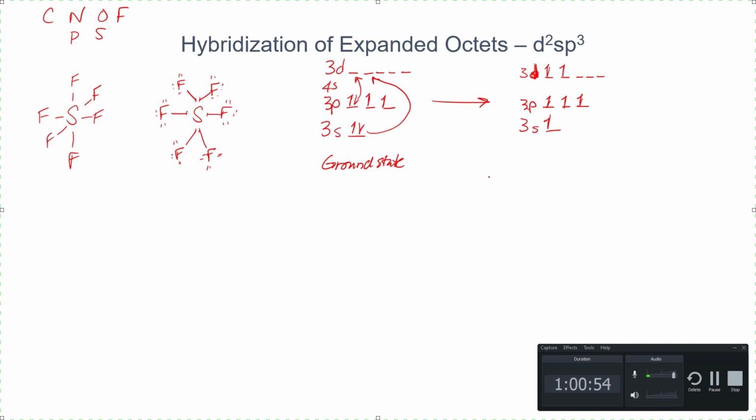So now I end up with my 6 unpaired electrons. I'm now going to mix the s, the 3 p's, and 2 d's.